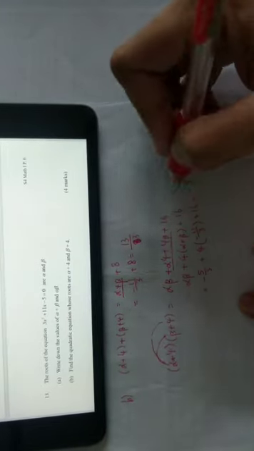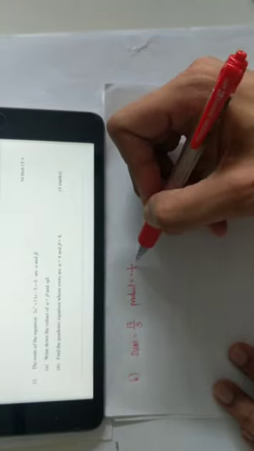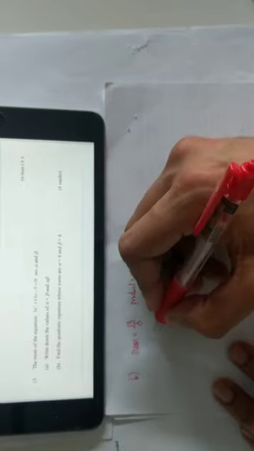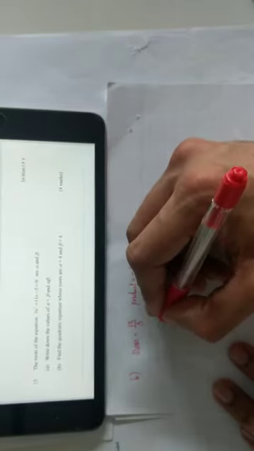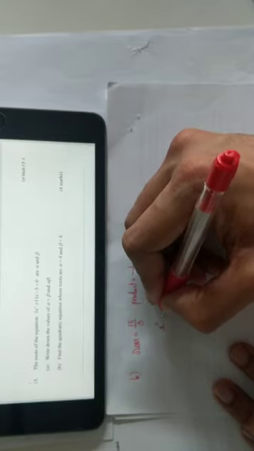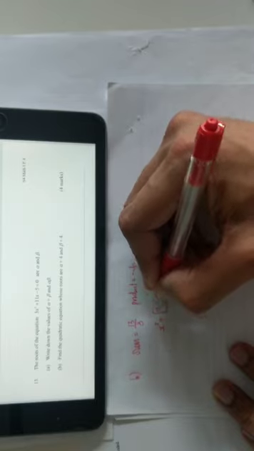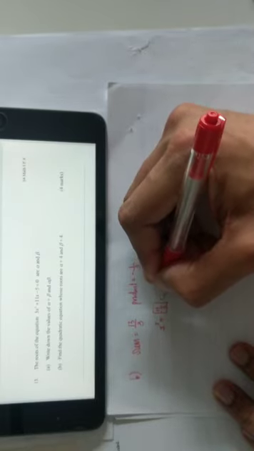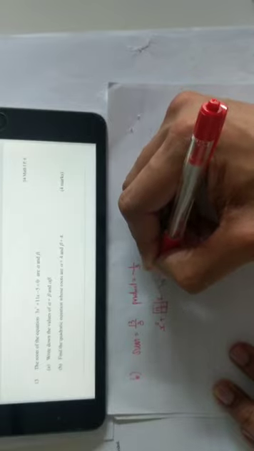So once you've got that, since in part B we have now found what the sum is and the product is, then we can put them into the correct places. So we have x squared plus the sum of roots and the product of roots.